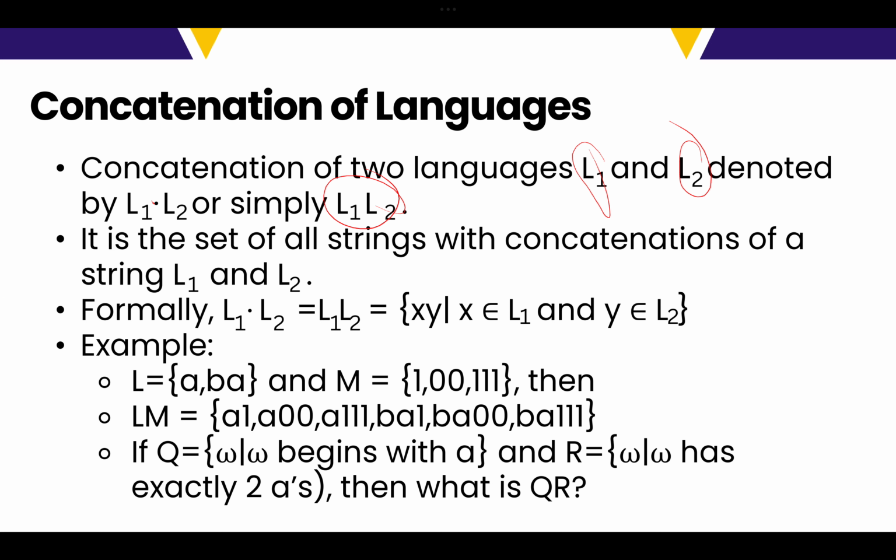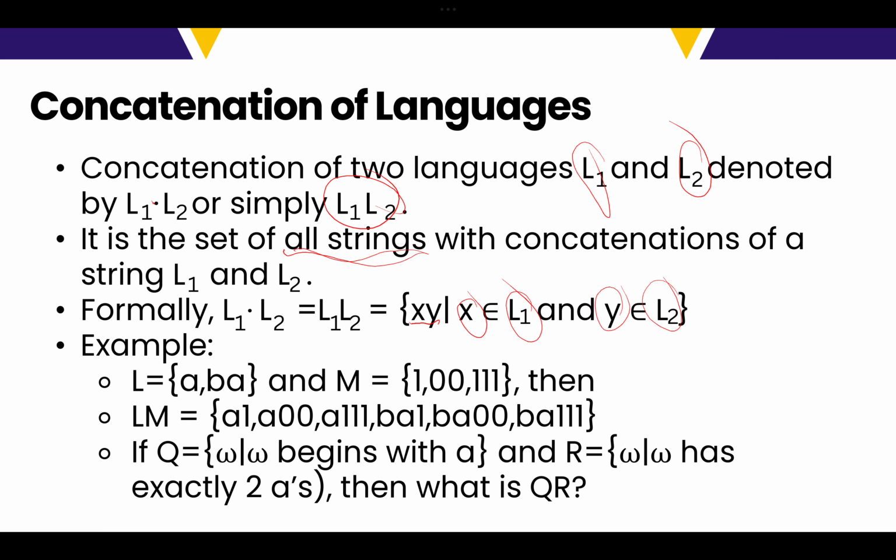So, what is the result of this concatenation of languages? It is the set of all strings with concatenations of a string from L sub 1 and a string from L sub 2. To formally define it, L sub 1 concatenated with L sub 2 equals L sub 1 L sub 2, that is equal to xy, where x is an element of L sub 1, then y is an element of L sub 2.